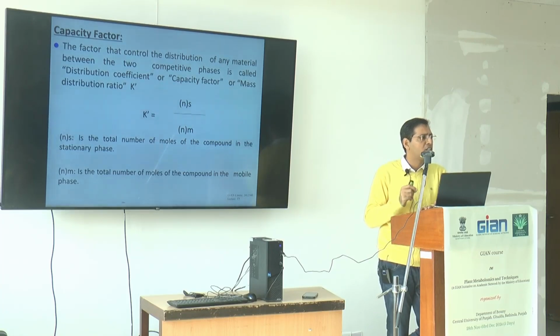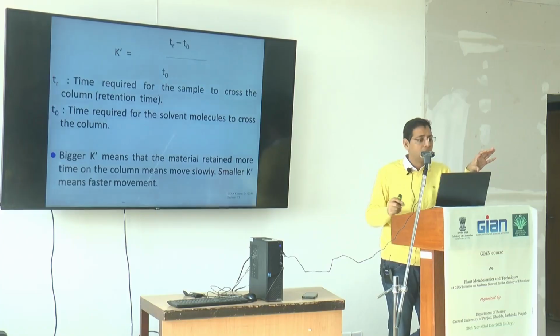This factor controls the distribution of any material between the two competing phases. It is also labeled as the distribution coefficient. We can use another name, the capacity factor, or the mass distribution ratio, that is K. K is the number of molecules of the analyte present in the stationary phase divided by the number of molecules of that analyte present in the mobile phase.